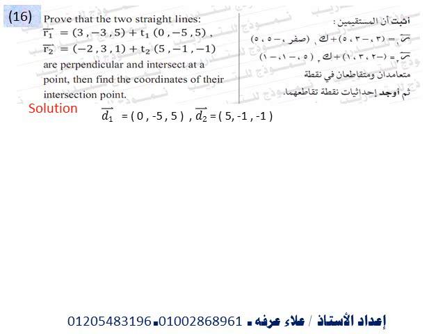Vector D1 equals (0, -5, 5) and vector D2 equals (5, -1, -1). Vector D1 dot vector D2 equals 0. Then the two lines are perpendicular.